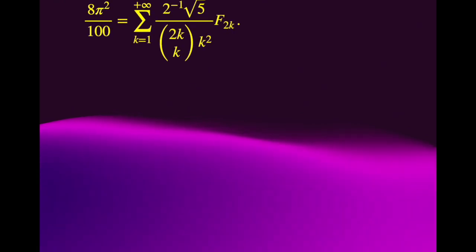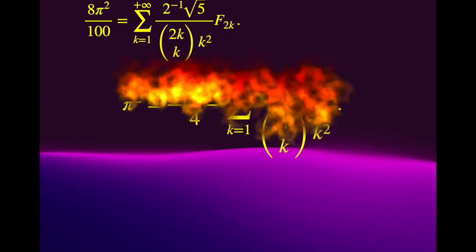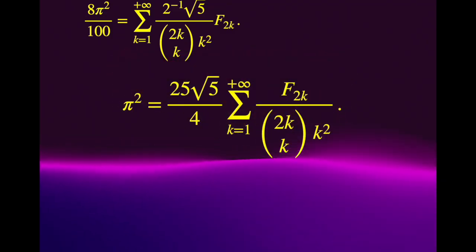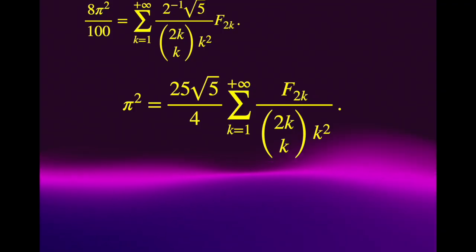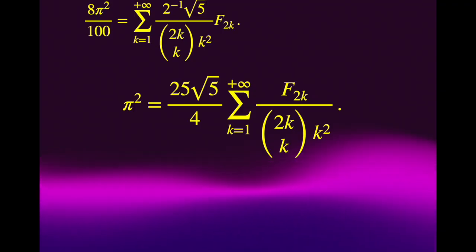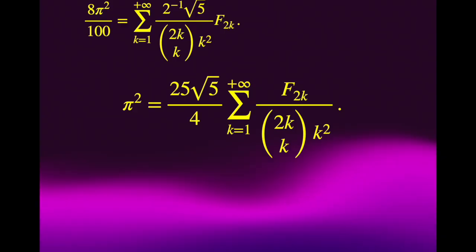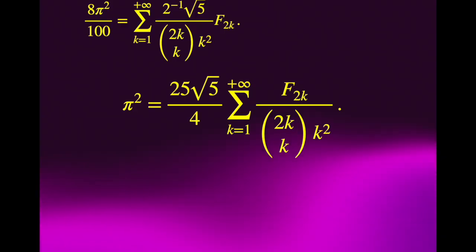So we get this formula, and now we can multiply by 10 over 8 to get what we are looking for, and we get this beautiful formula which gives the link between pi squared and the Fibonacci sequence.